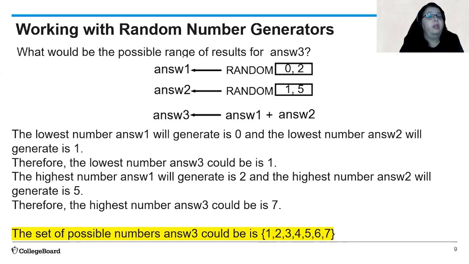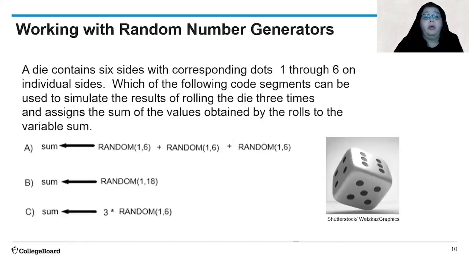Now the highs: the highest number out of answer 1 is 2, and the highest out of answer 2 is 5. Add them together, it's 7. So 1 will be the lowest, 7 will be the highest, inclusive, and then you just fill it in from there discretely.